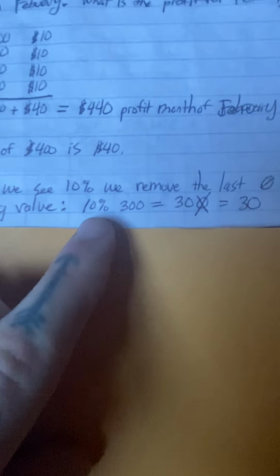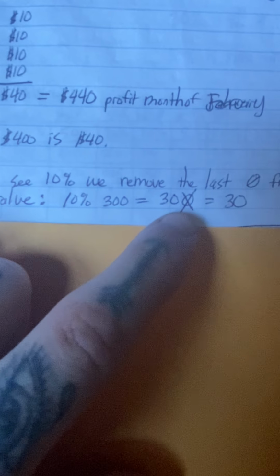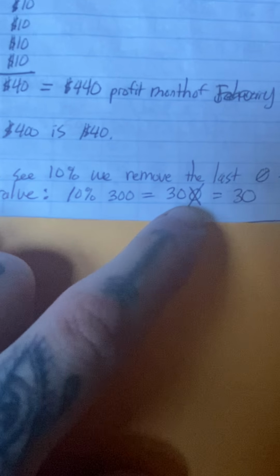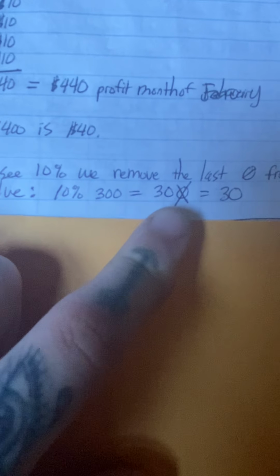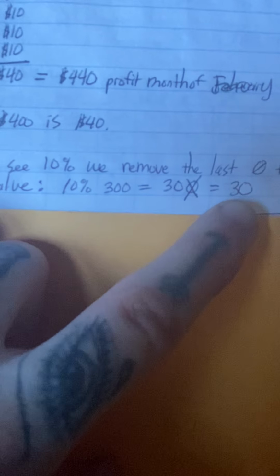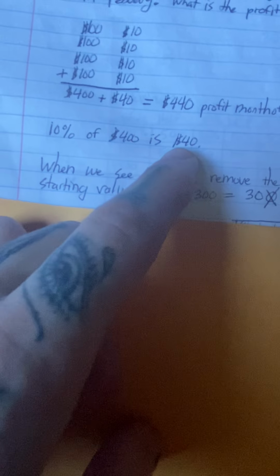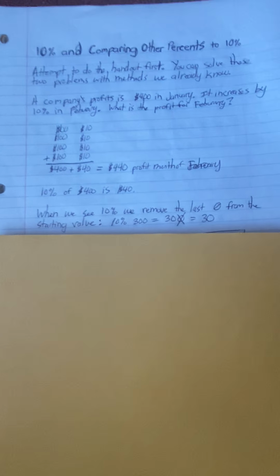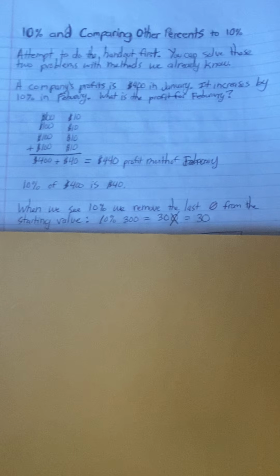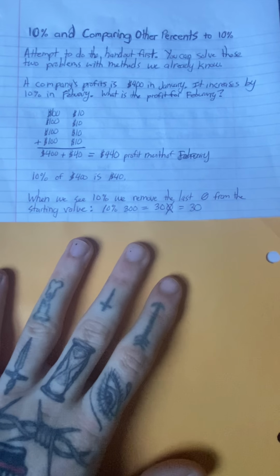Here's my example. 10% of 300 is equal to, I wrote 300 again, but I put an X over the last zero to visually represent what's happening. And then we get 30. So 10% of 300 is 30, 10% of 400 is 40, and so on. 10% of 500 is 50, of 600 is 60, and so on.